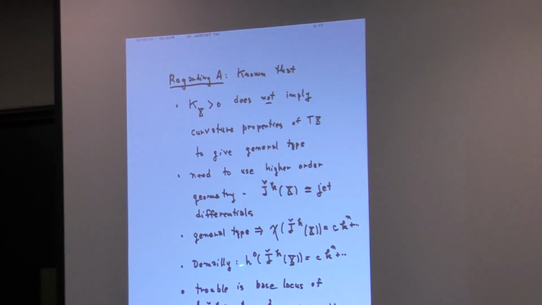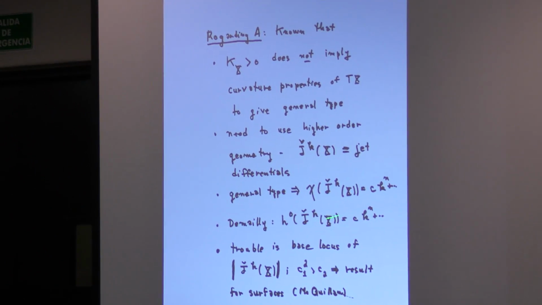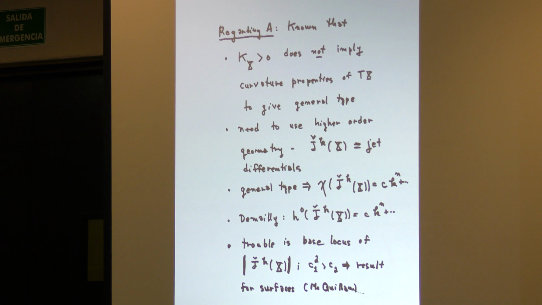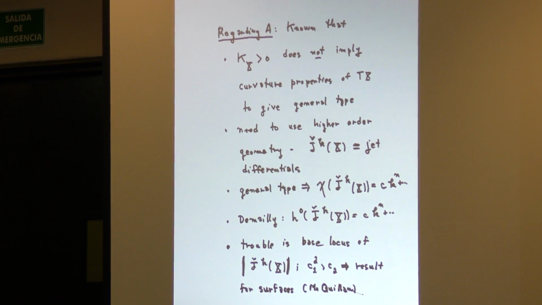So Demailly proved that the global sections of this jet bundle look like the sections of a big line bundle. So in fact, this bundle of jets is big, and it's nef.